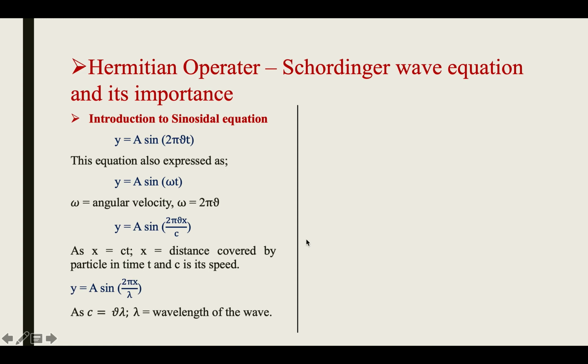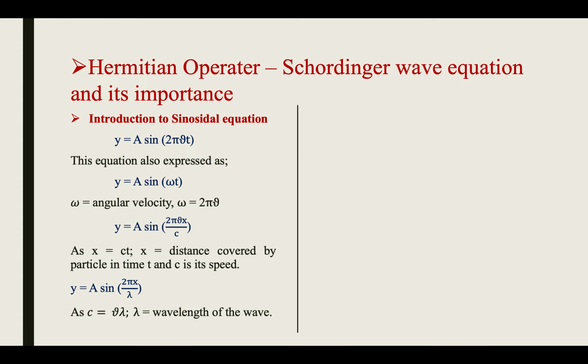Now, what happens if you replace it with a wavelength parameter? Instead of frequency, we use the relation c equals nu lambda, where lambda is the wavelength of the wave. Then the equation becomes y equals a sine 2 pi x by lambda.